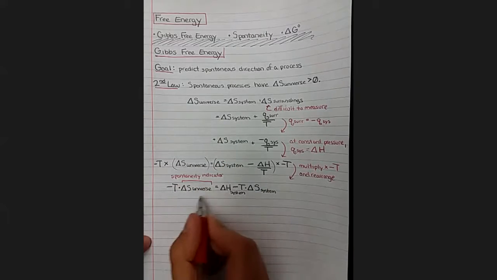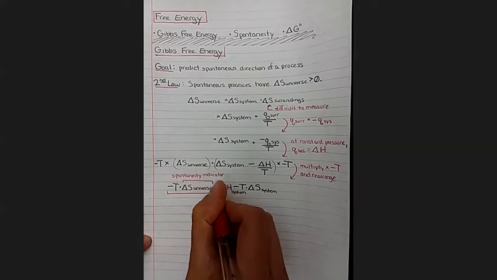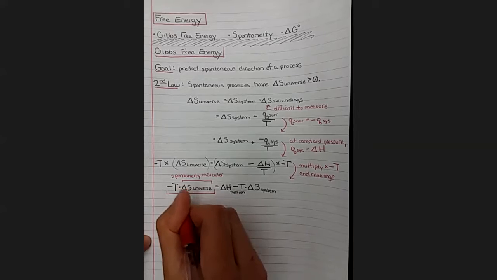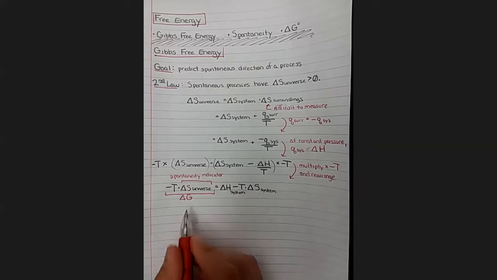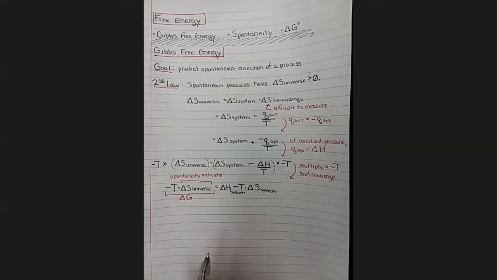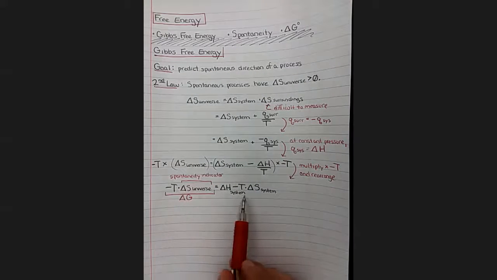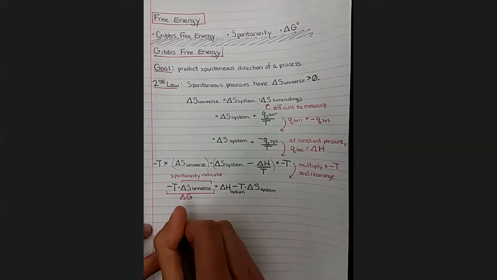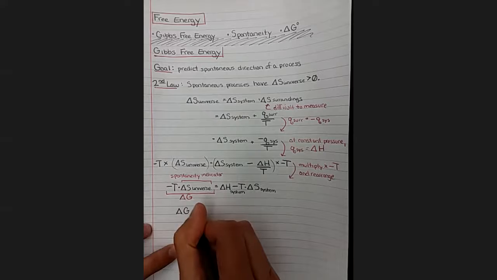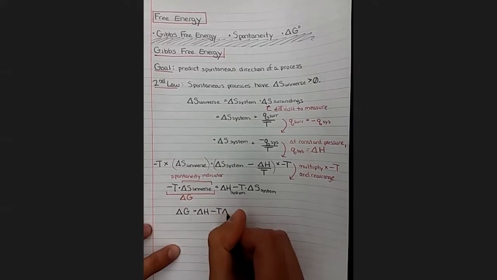And so because this term over on the left side has our spontaneity indicator in it, Mr. Gibbs decided that he was going to use this variable as a predictor. And so he named it after himself, delta G, or Gibbs free energy. So Gibbs free energy is related to enthalpy, temperature, and entropy. Delta G equals delta H minus T delta S.